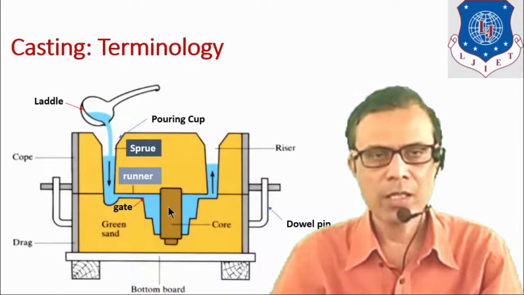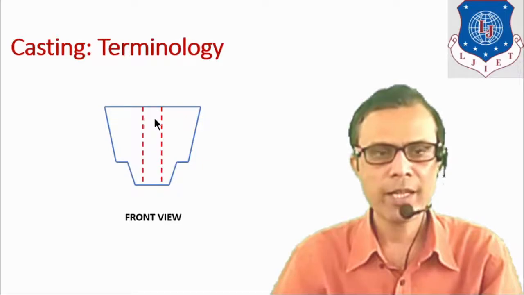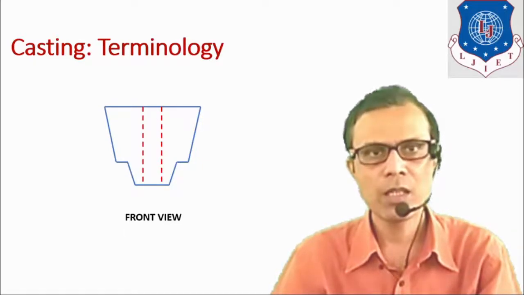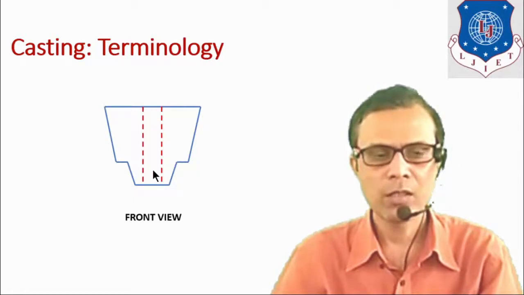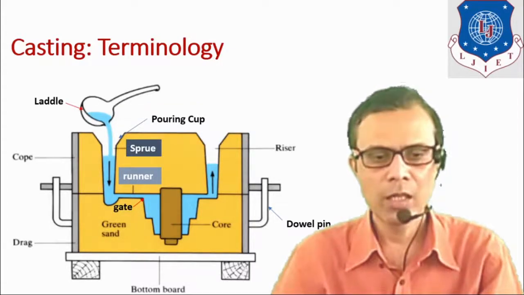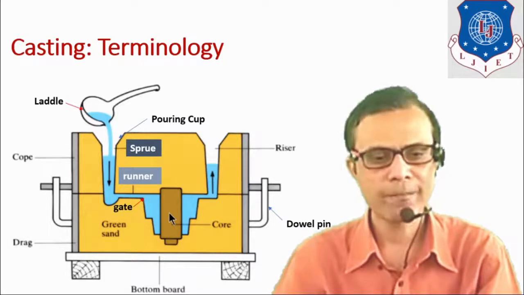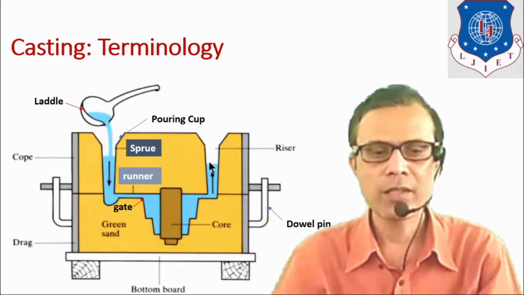This part is known as a core. As we know that workpiece has a hole inside it, so it is important that there should not be metal flow in this particular region. So to prevent the metal flow in this particular region, core is placed here. It is made from the core sand, and this part is known as a riser.